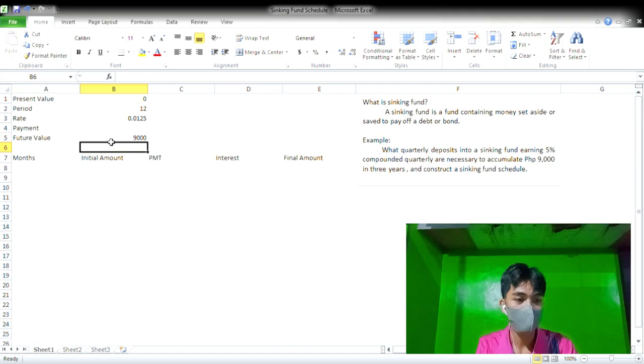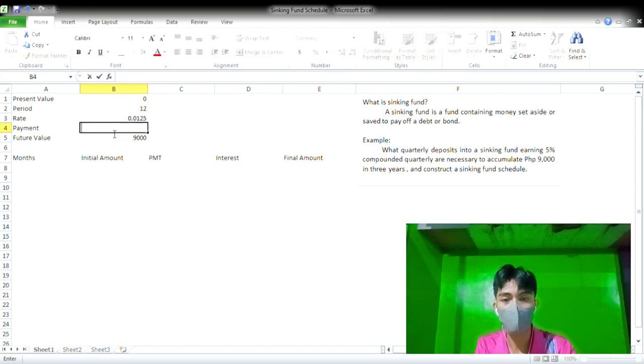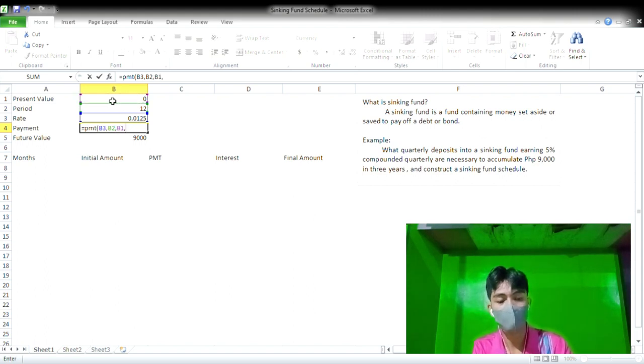And our payment we have equal sign PMT, open parentheses, the rate, this cell, comma, the periods, and the present value, then the future value.